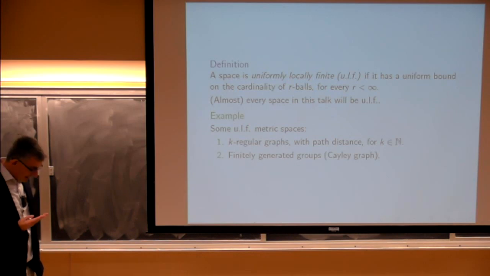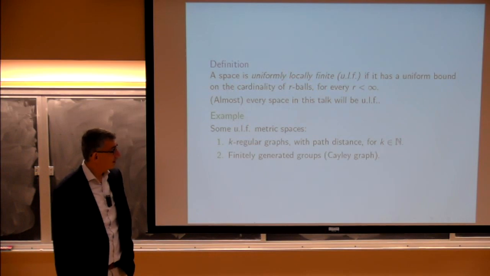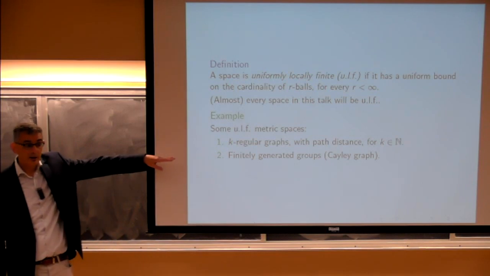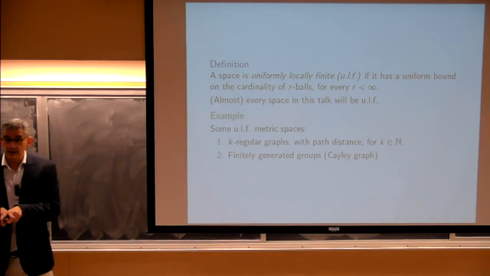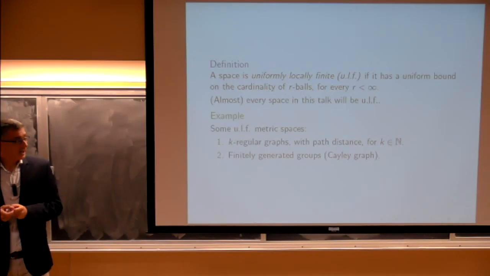Okay, so some important examples of uniformly locally finite metric spaces. If you take a graph which is k-regular, which just means that every vertex has only k immediate neighbors, and look at the path distance, then the cardinality of an n-ball is pretty much n to the kth power.